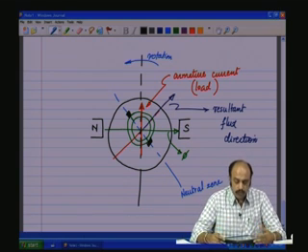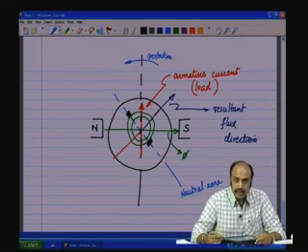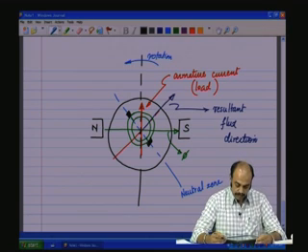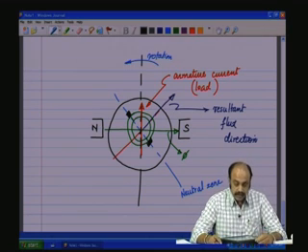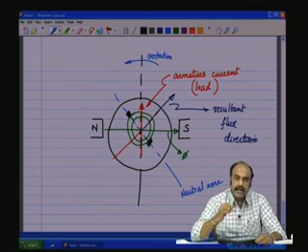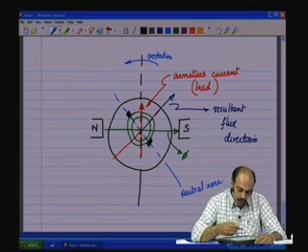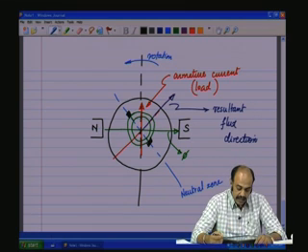Now, if we just had to shift the brushes like this, the problem would have been simple, but it is not as simple. The load current is a varying quantity, which means the red lined flux which we are indicating here, which is orthogonal to the north south flux, the amplitude keeps varying.